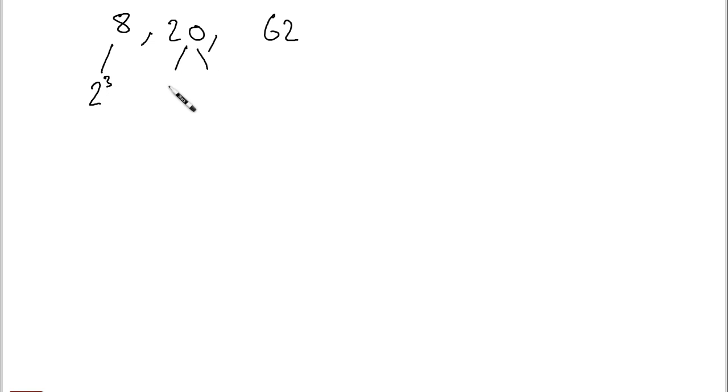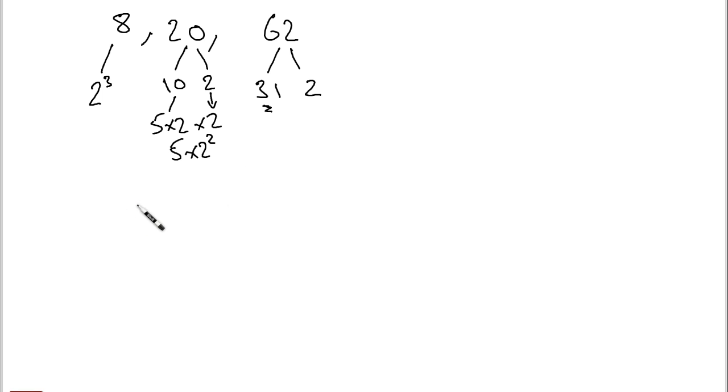The 20 I can break down into 10 and 2. The 10 breaks down into 5 times 2. And I've got the original 2 there, so that makes it 5 times 2 squared. And the 62 is 31 and 2. And 31 is a prime number.